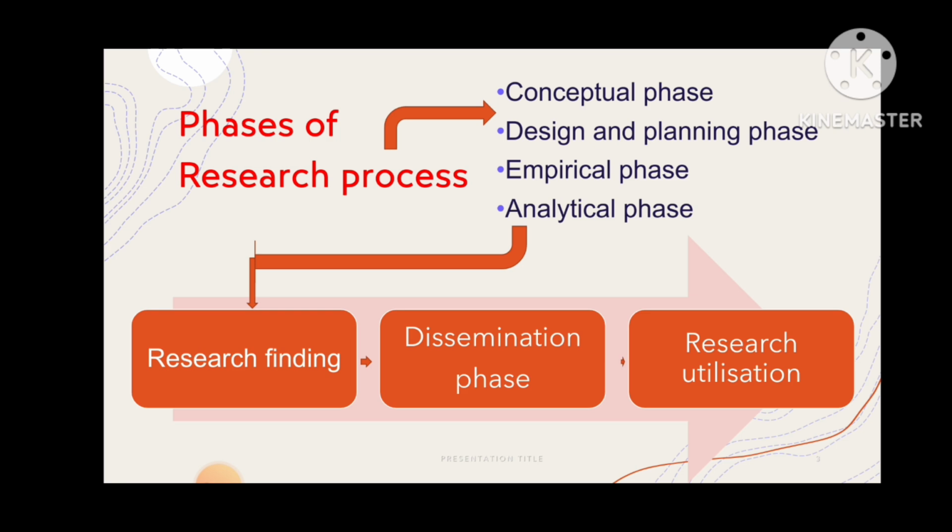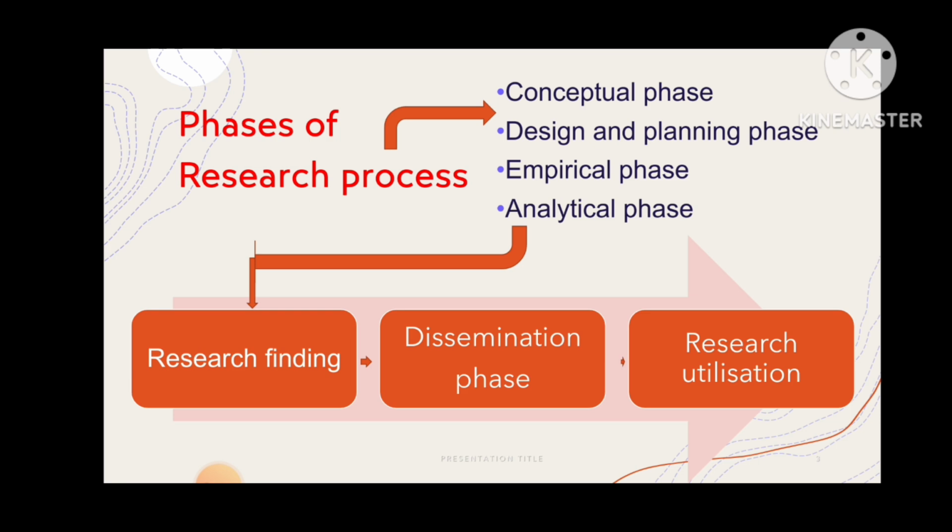In the design and planning phase, you design and plan the research study. In the empirical phase, you collect data and prepare it for analysis. And in the analytical phase, you analyze your data and interpret the results.